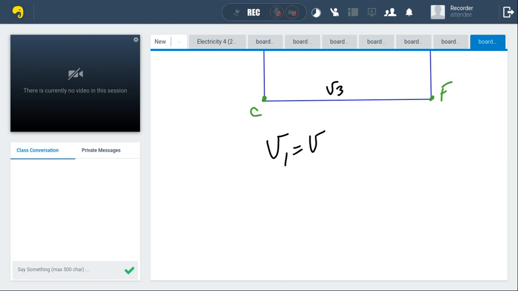So V1 must be equal to V2, must be equal to V3. It's between the same 2 points. Core part of voltages. Again, and I'm being very repetitive, but this is why it's so important. If you got the early definition of PD, you're going to be absolutely fine with V1 equals V2 equals V3. That is it.